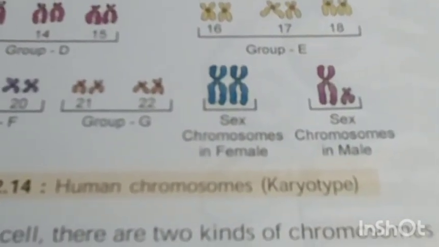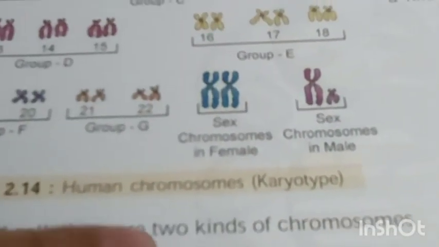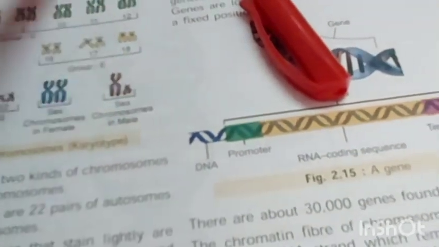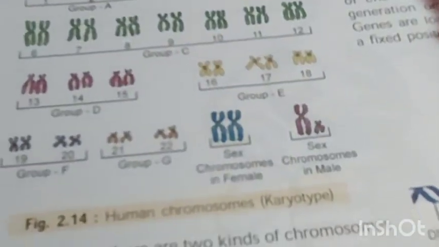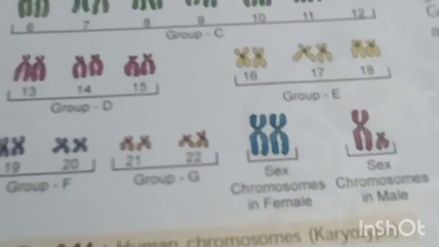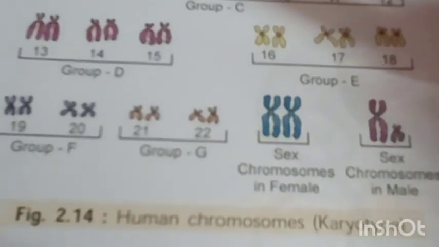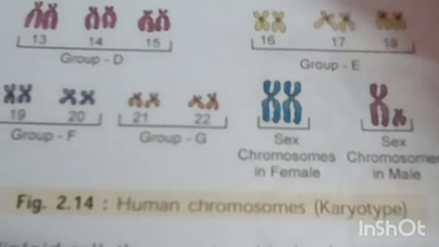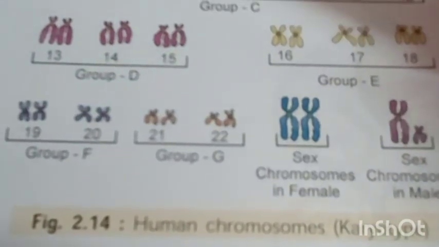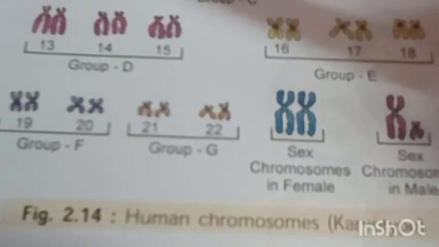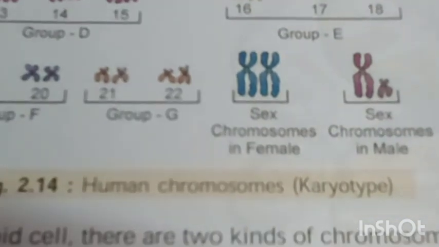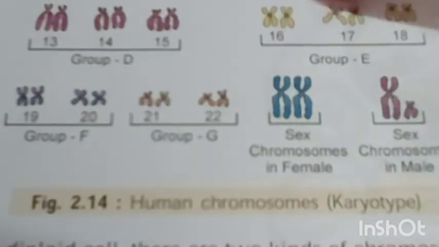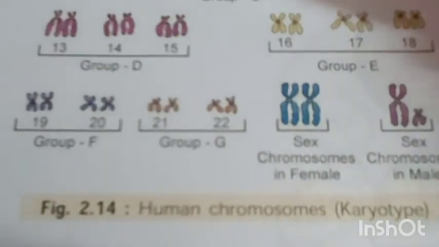And the diagrammatic representation of a karyotype is basically known as an ideogram. So here, this first chromosome, chromosome number 1, is in a pair, and the two chromosomes of the pair look the same. Similarly, chromosome numbers 2, 3, 4, all exist in pairs and they look similar.